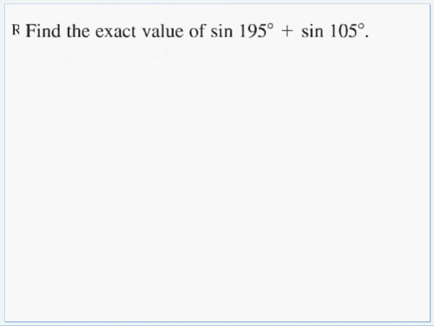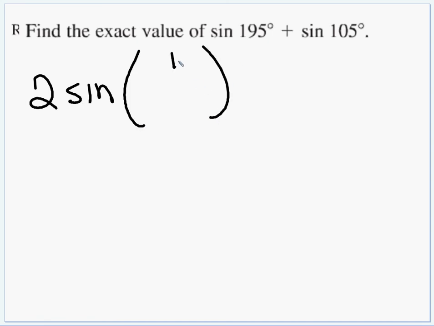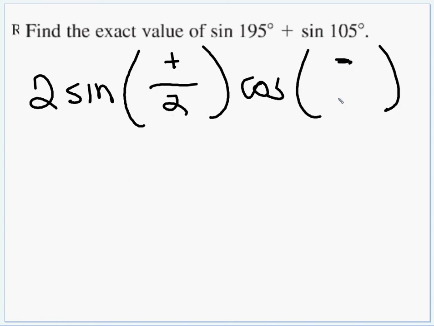Now here we've got the sine plus sine pattern. So if we go to our formula sheet, that's going to be 2, and then we're going to have the sine of the sum over 2 times the cos of the subtraction over 2.